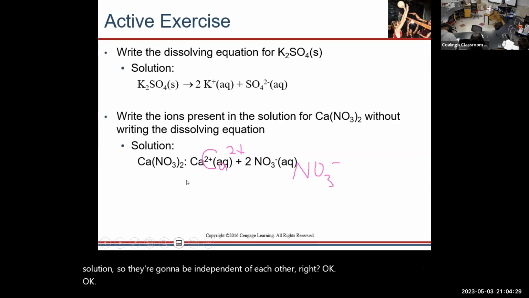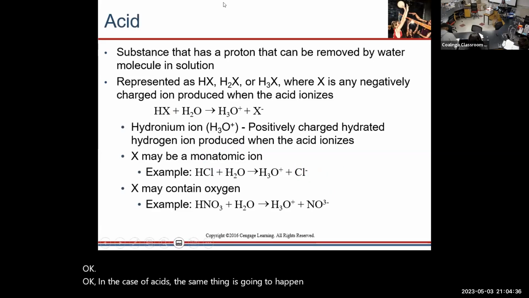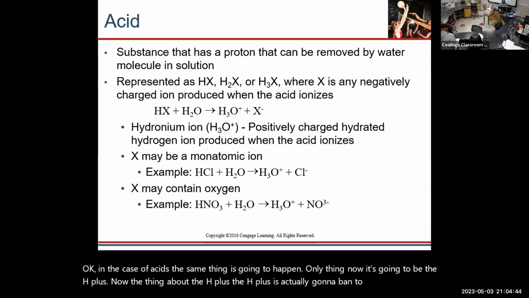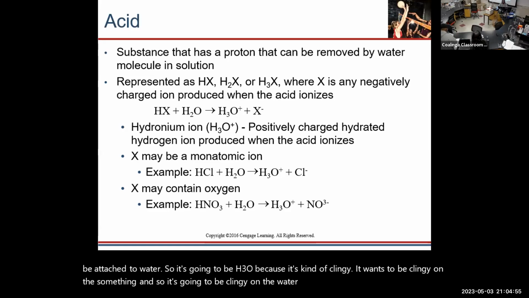Okay, in the case of acids, the same thing is going to happen, only now it's going to be the H plus. The thing about the H plus is that it's actually going to bind to water. It's going to be attached to water, so it's going to be H3O, because it's kind of clingy. It wants to cling onto something, and so it's going to cling onto the water after it's separated.